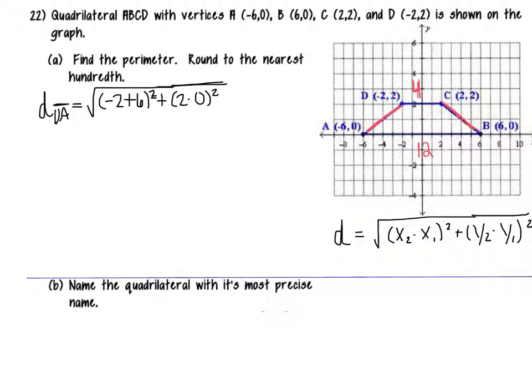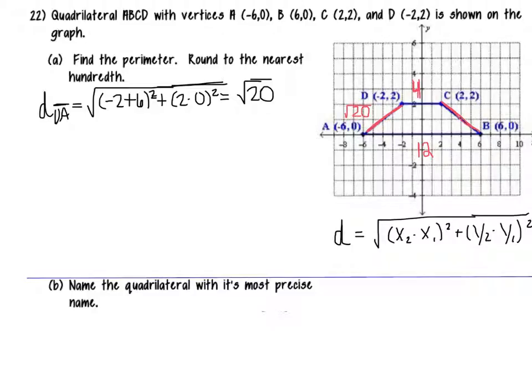I'm going to type that into my calculator, and I get the square root of 20. I'm going to leave that exactly as it is and not do any rounding. I'll do my rounding in the end.